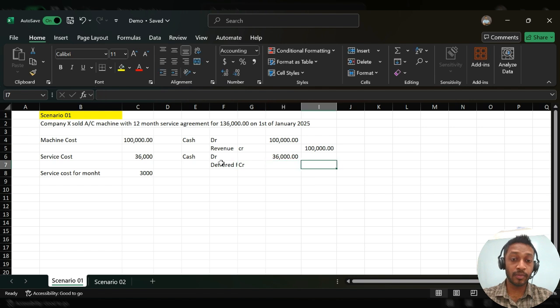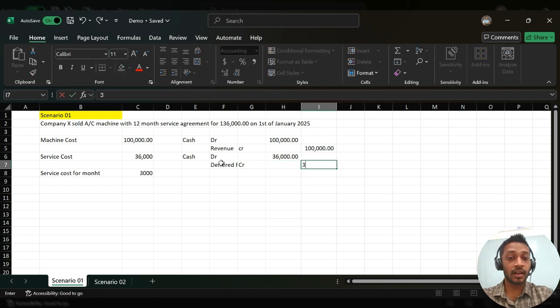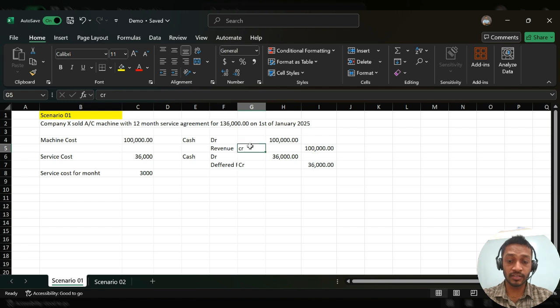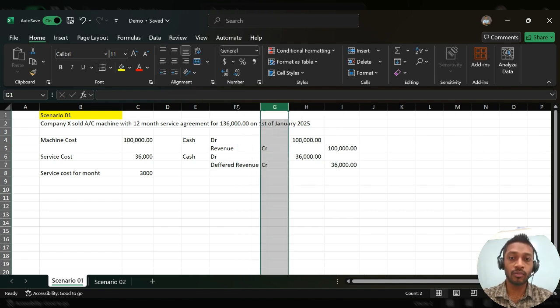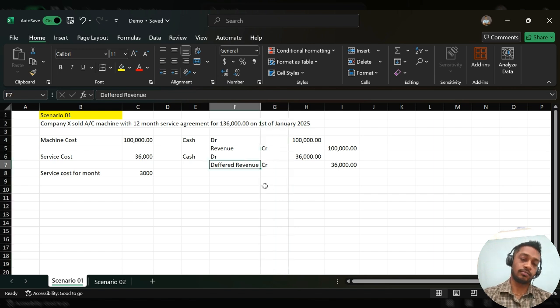It's a kind of liability account because we are receiving the customer's money, so we are liable to pay if something happens. Hence we keep it under the deferred revenue account. This is purely a liability account, not a P&L account.